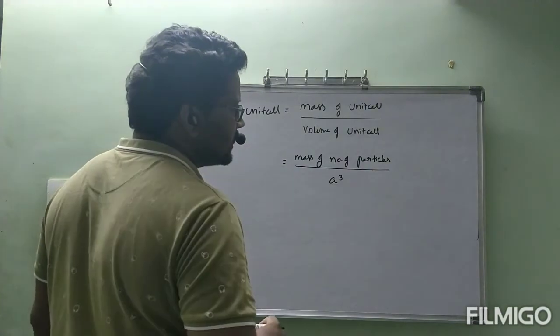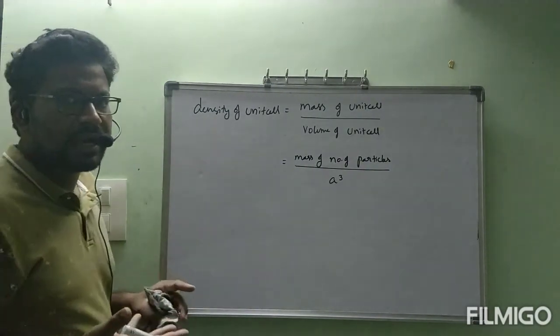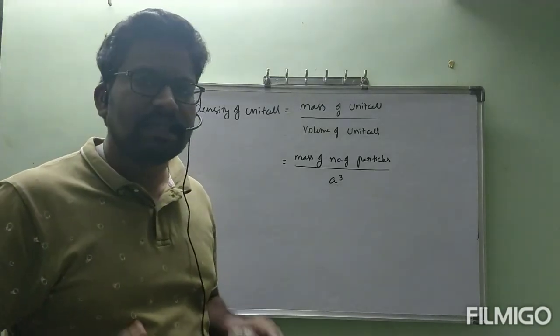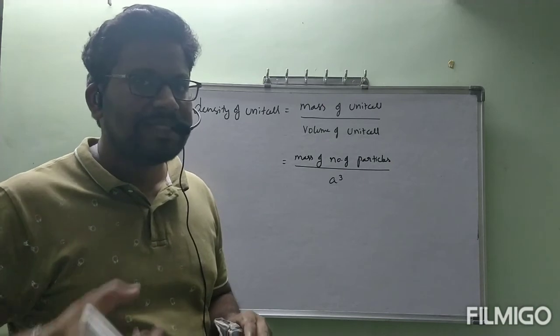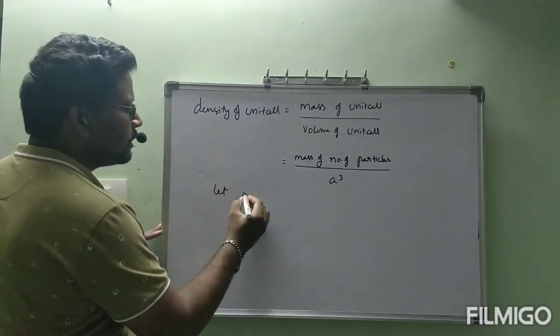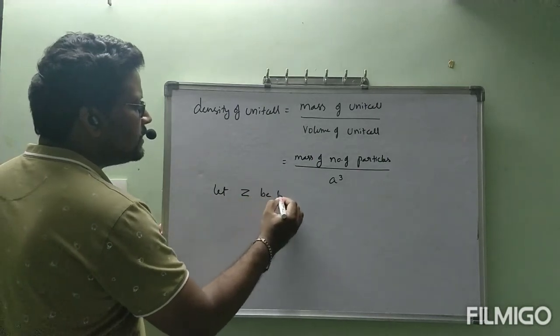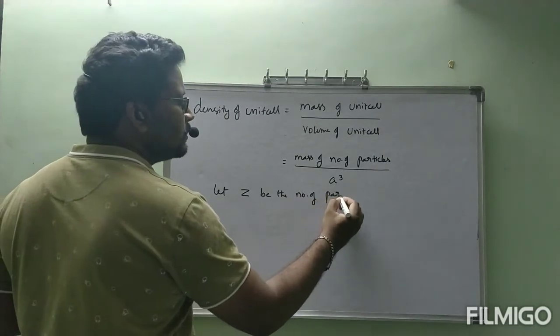Mass of number of particles. Here we are not taking particularly whether it is face-centered unit cell or body-centered unit cell. That's why we are making a generalization.